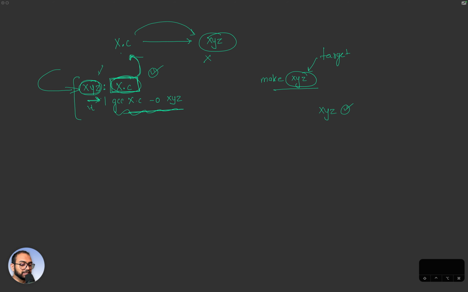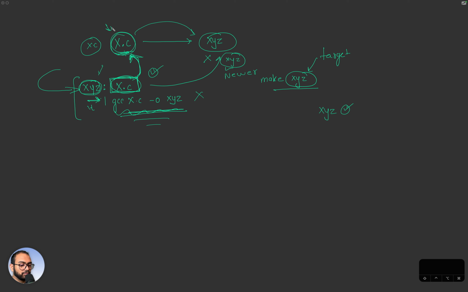The second time we just try again, then what make will say is, hey, I see that x.c exists, and so does xyz, and xyz looks newer than x.c. And if this is newer than x.c, then nothing in x.c seems to have changed. And if nothing changed in x.c, it doesn't go ahead and execute this. So that way make saves us effort also. It only updates what the dependencies of which are updated or changed.